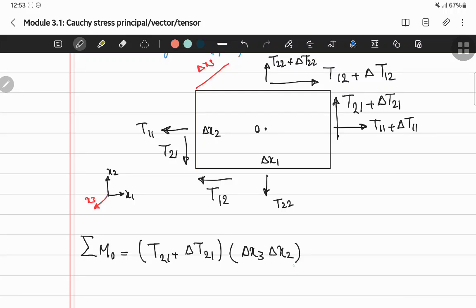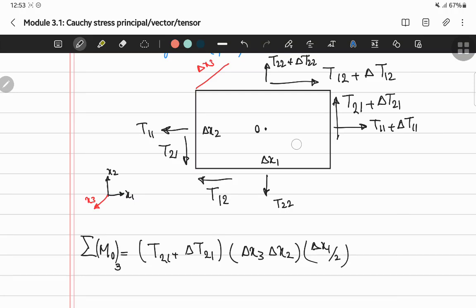So this is the force. And then I need to find the moment. So it creates a moment around z. So maybe put this 3 in here. And the arm here is del x1 half.